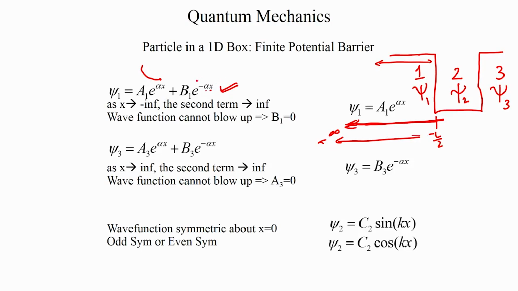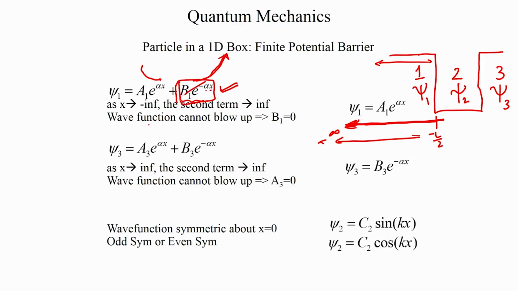So, this term starts increasing as we head towards minus infinity. Now, we already mentioned that you can't have any of these components blowing up, which means you can't have them head towards infinity. And since this is doing exactly that, in region 1, as I move towards minus infinity, this term can't exist.